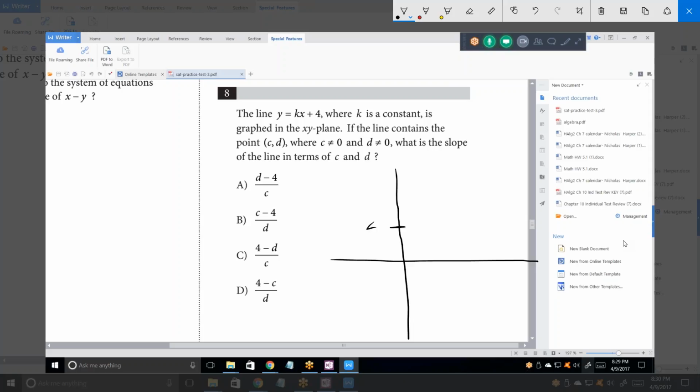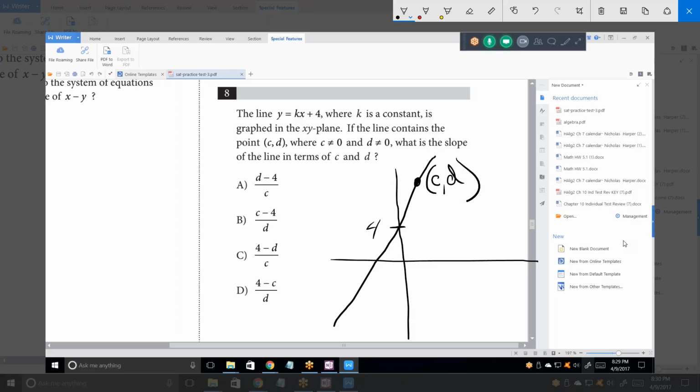The slope is k. So we'll just draw some line and assume a slope. The slope of that is k. But the line contains the point (c, d), so let's put it on there. In other words, there's the information we have.